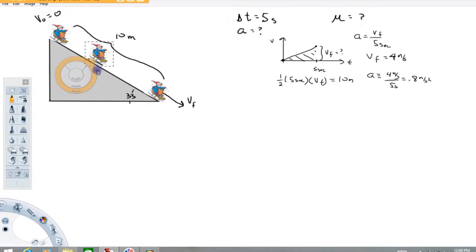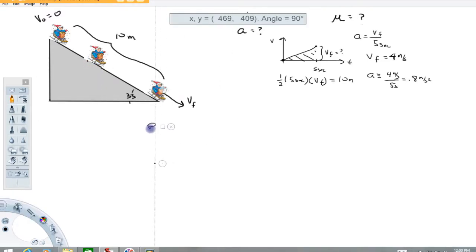Now I'm going to start putting force vectors in. The first force vector I always put in a free body, at least in physics 1, is the gravitational force. That vector is straight down, equal to mg.